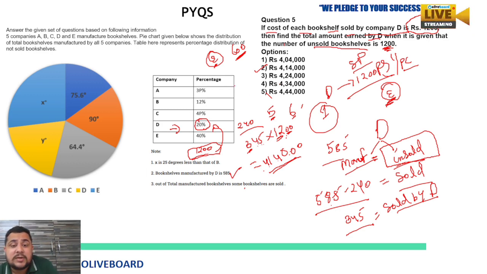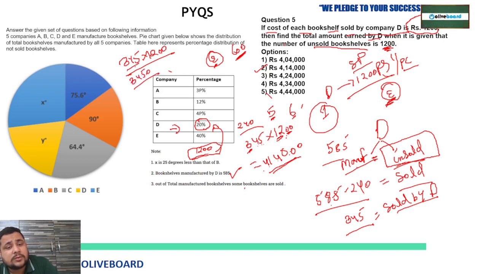How can you calculate this directly? You can ask me, sir, if we want to calculate it directly, is there any way to approach 345 into 1200? See, 345 multiplied by 10, you will get 3450. Now double of 345 is 690. Just add 690 here. We are just multiplying 345 with 12, then adding two zeros.